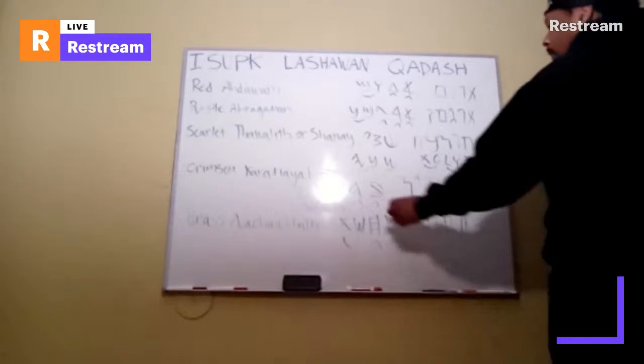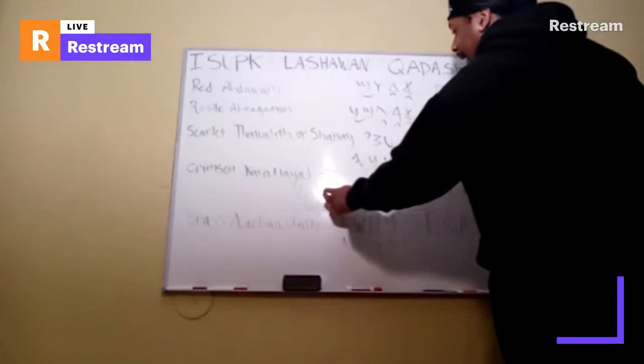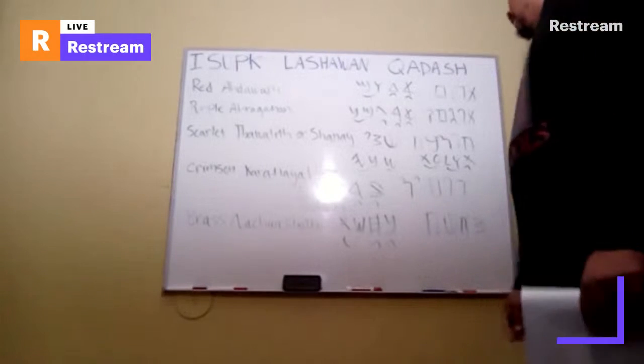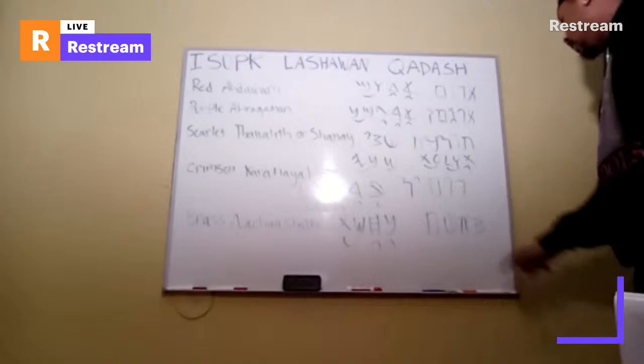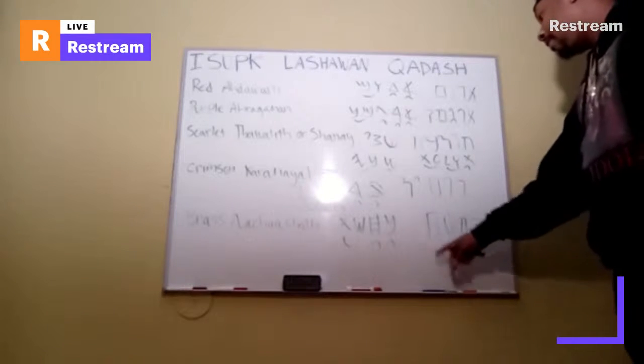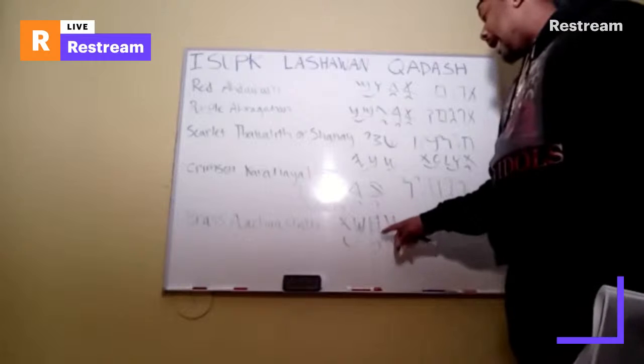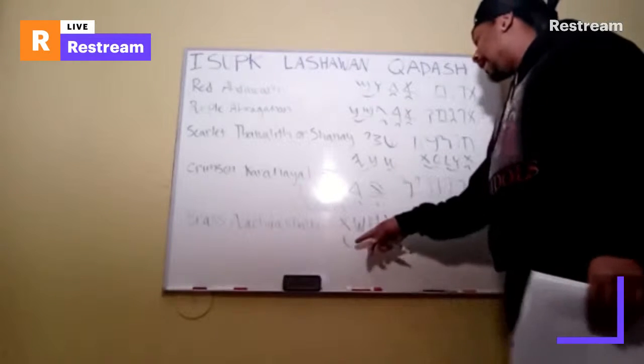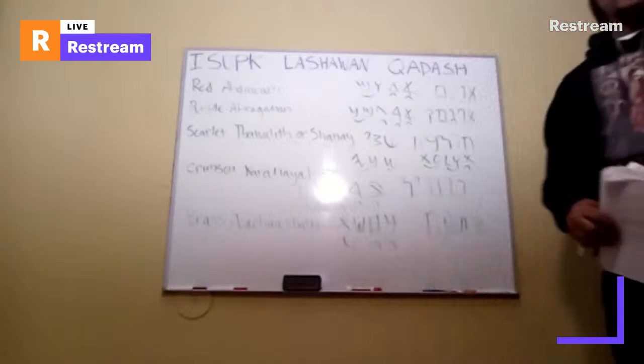Karamayal. Right? Karamayal. Crimson. Brass. Nakasha. Right? Nakasha. The sha and tha sound connect at the end of the word, right?